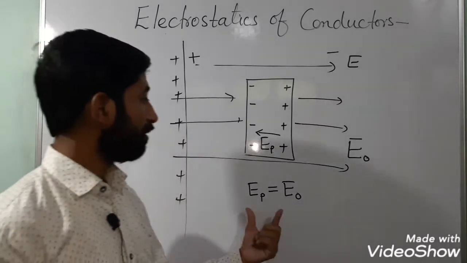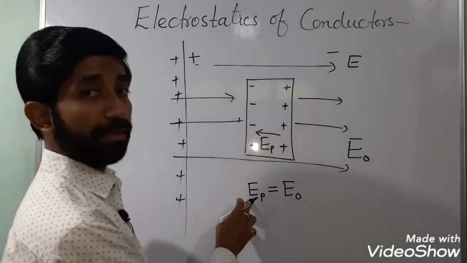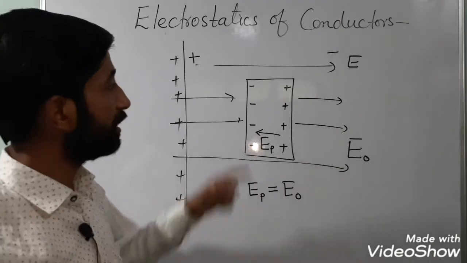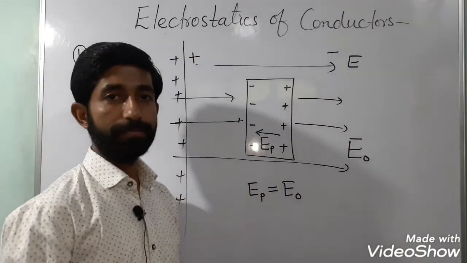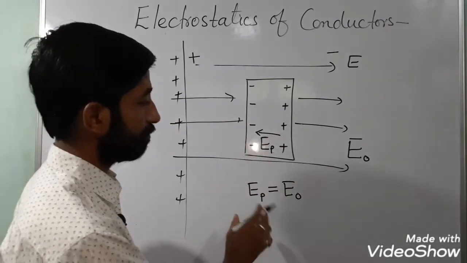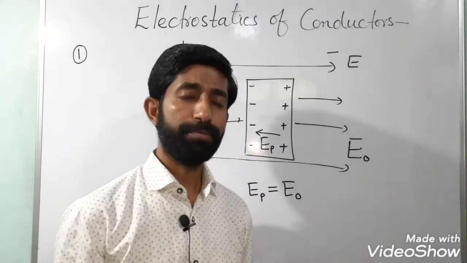Okay? When exactly this happens, the E_P field is produced by this accumulation of charge, and this accumulation is done by the externally applied electric field, right? So this particular condition has to come anyhow.